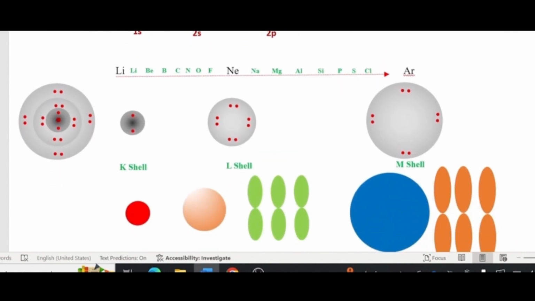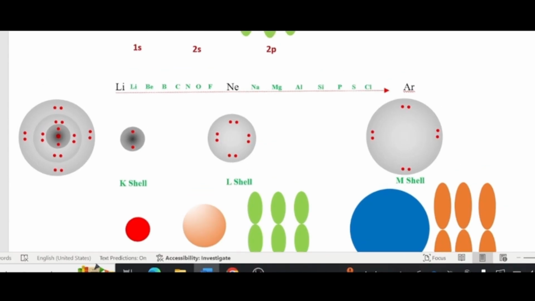Let's say we have a bigger element. Let's say this is neon. This is a Bohr-Rutherford diagram for neon. If we remove all of these shells separately, we're going to have a K shell here. This one, like we did before, will be the L shell. And this one here becomes the M shell.